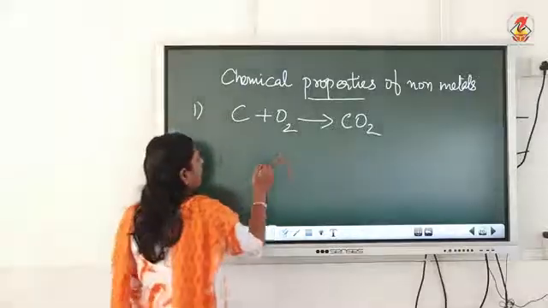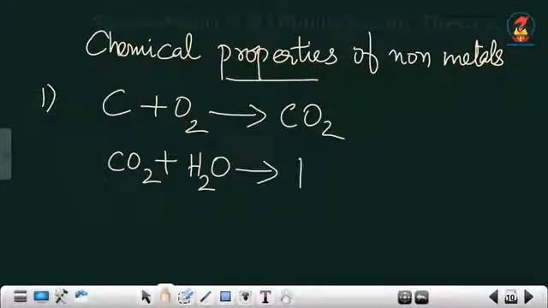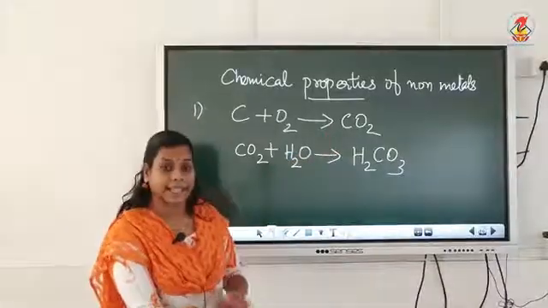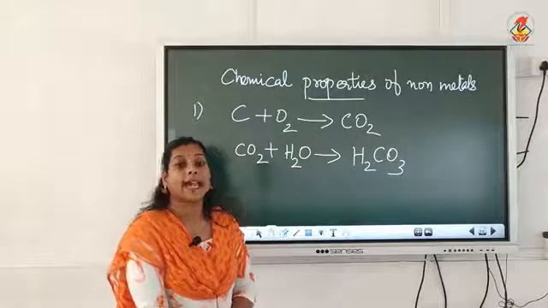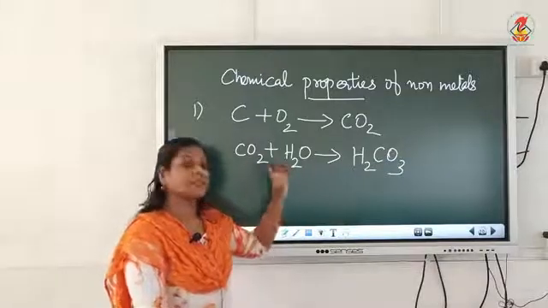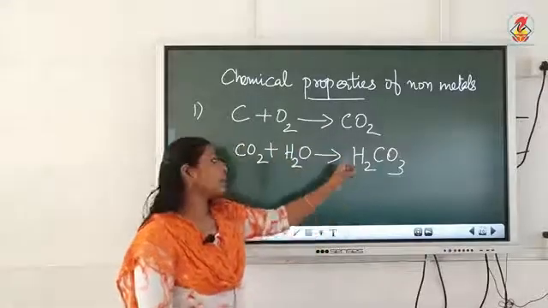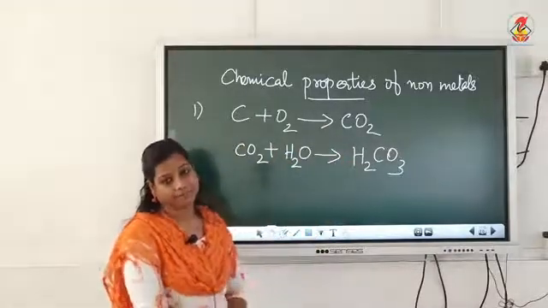When this non-metal oxide, carbon dioxide, is dissolving in water, we will get carbonic acid. So, as acid is produced there, definitely we can say that non-metal oxides are acidic in nature. So, metal combined with oxygen gives metal oxide, non-metal combined with oxygen gives non-metal oxides, which are acidic in nature.